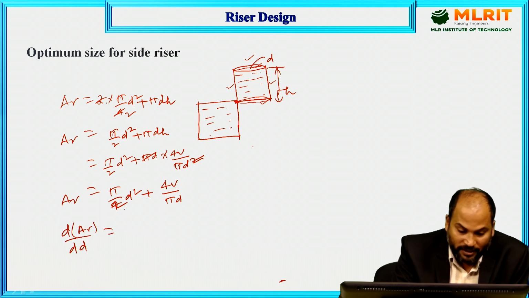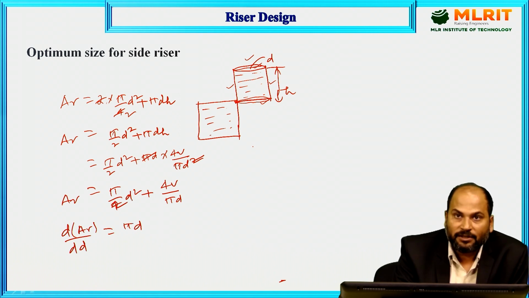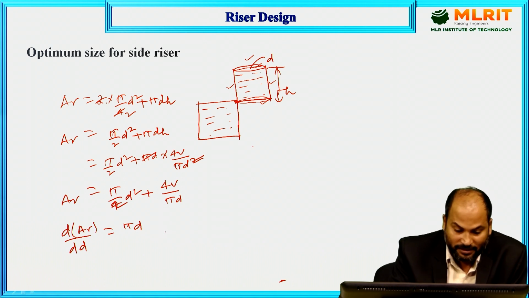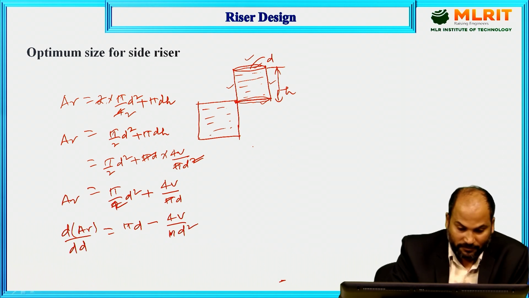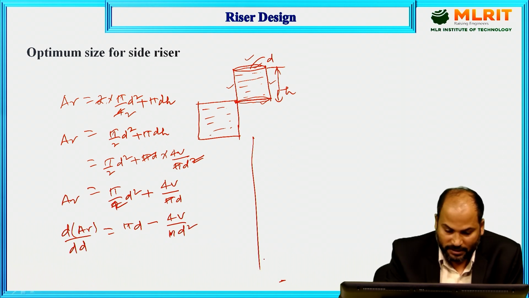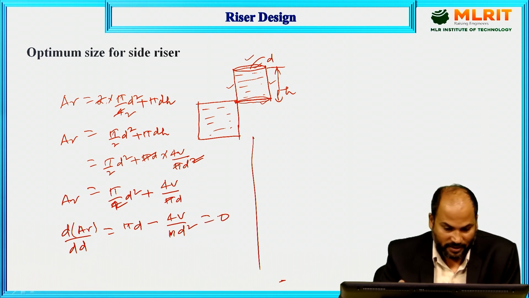Simply this will be pi d, because this twice d cancels out, minus 4V upon d square. And this should be equal to 0.